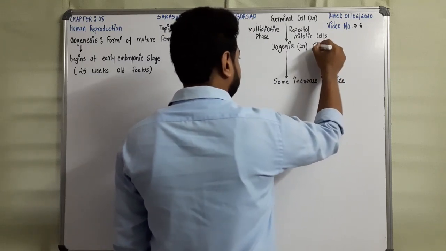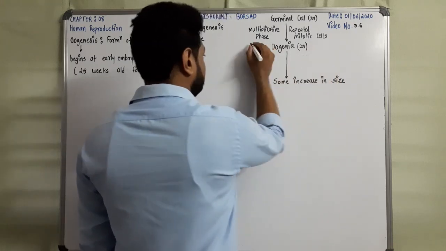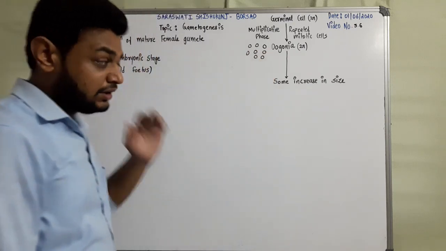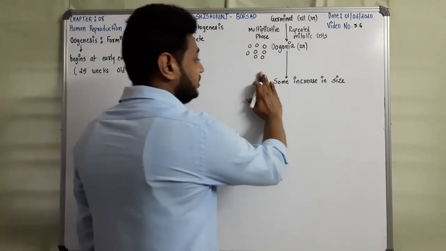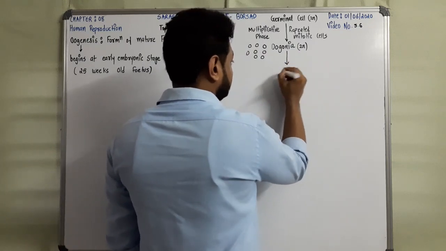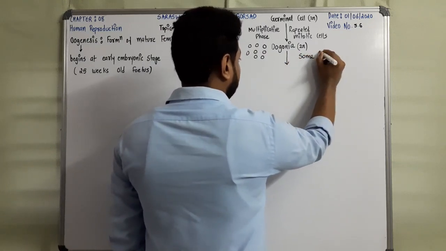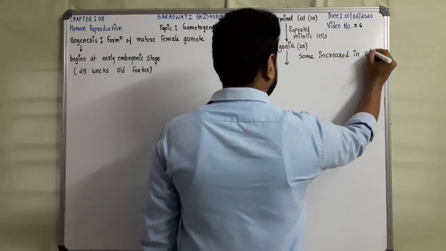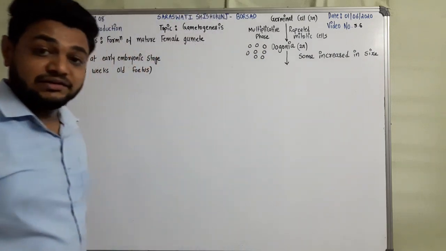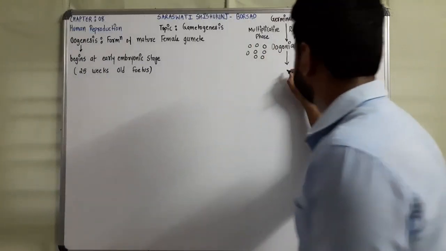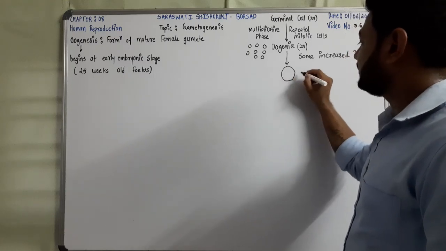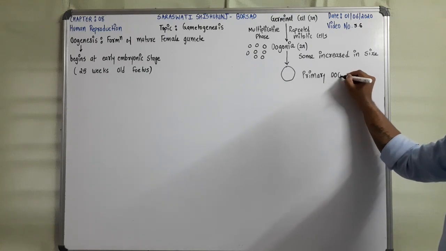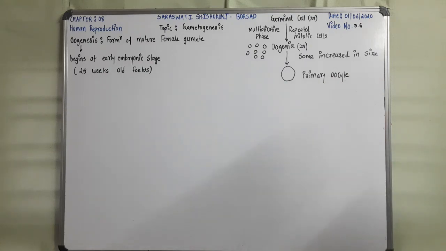Let's say these are oogonia, all are diploid in nature, right? Some of them increased in size. Those which increased in size are referred to as primary oocytes. Okay students, so this is the first thing.